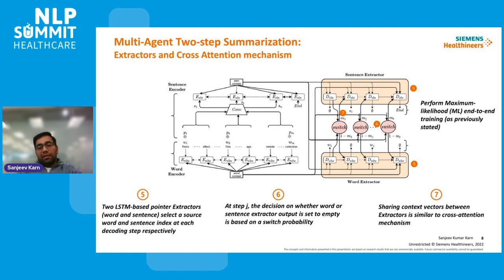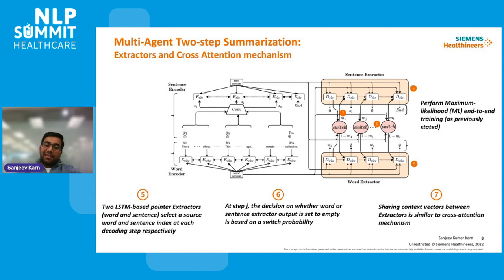As you know, the number of extracted keywords would certainly be more numerous than the number of salient sentences in the report findings. So we need to align these two extractors. To align them, we introduce the switch network.